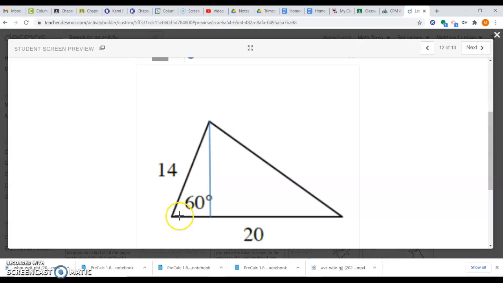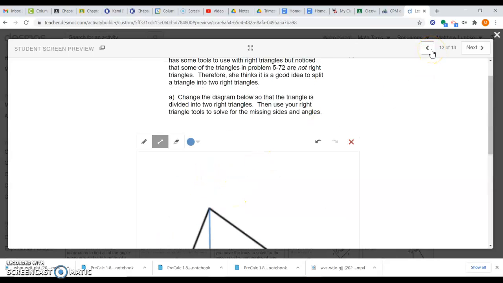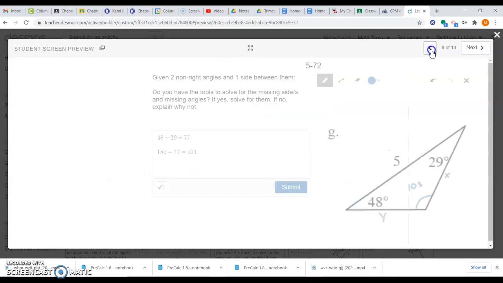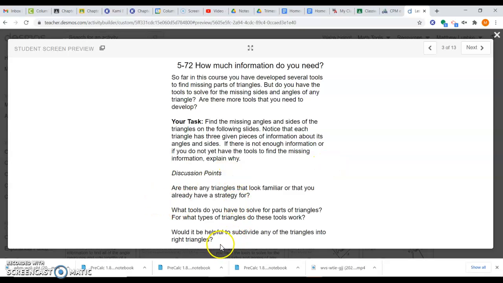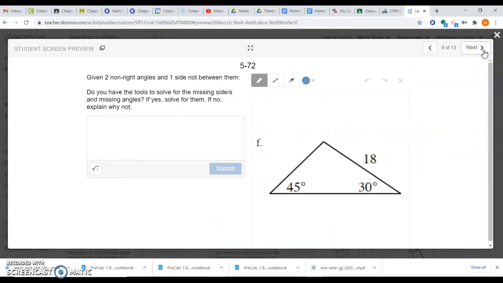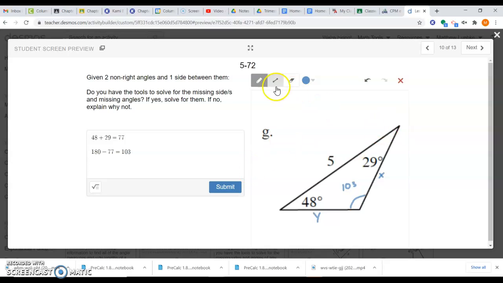Then she has a right triangle that's actually 30, 60, 90, and another one that we can use to solve as well. That's sort of what happens here in slide 10. It also goes back to slide 3, where one of the discussion points asks, would it be helpful to subdivide into right triangles? So there was kind of a hint at the end. But to put it together here in slide 10 would have been difficult. I did not expect you to do this, but I don't mind showing it here. If you don't want to see it, you could probably turn the video off from here.